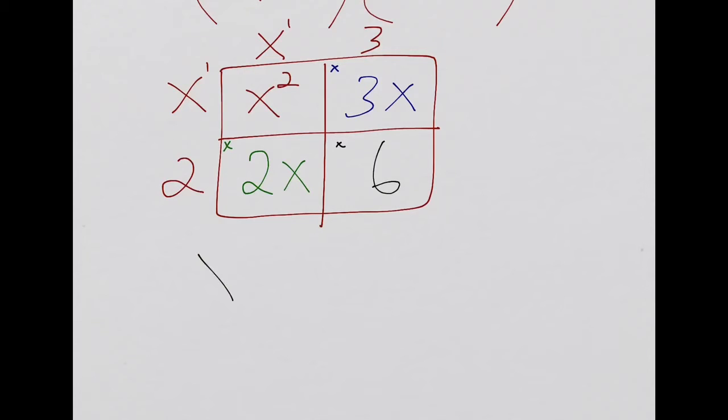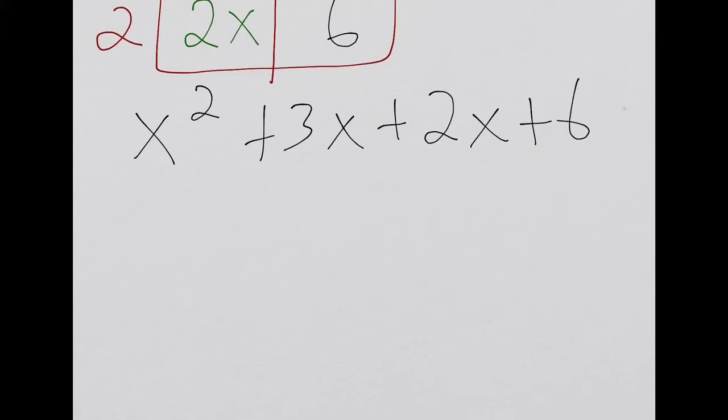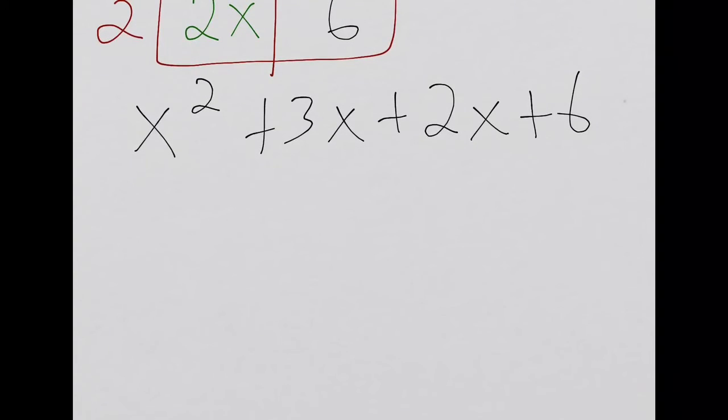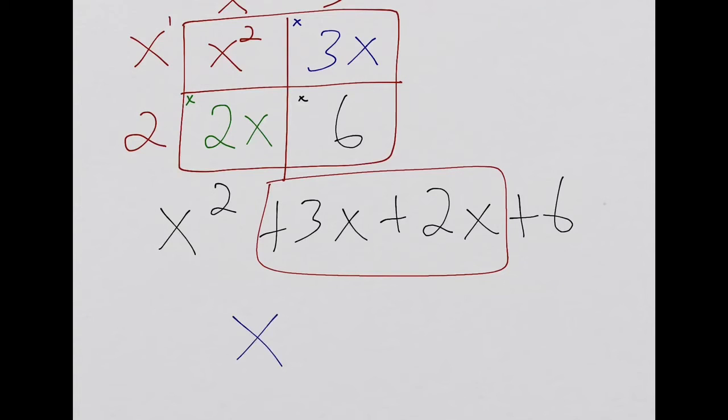So, x squared plus 3x plus 2x plus 6. Earlier on in this standard, we learned how to combine like terms. It turns out 3x and 2x are both x terms, so we can combine them. And our final answer should read x squared plus 5x plus 6.